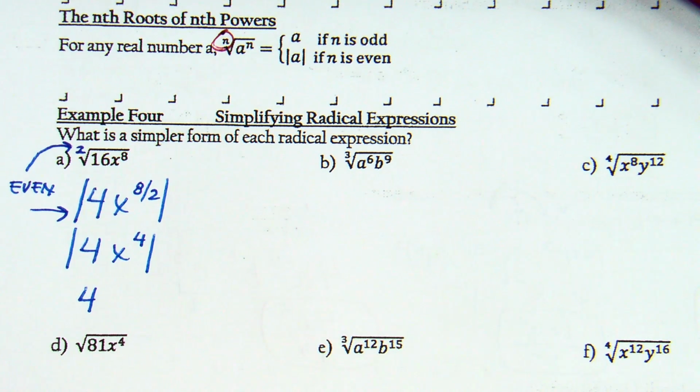Now, x to the fourth. Could x to the fourth be negative? Yes, it can, because we don't know what x is, right? Think with me. If x is positive, what happens when you multiply a positive 4 times? It's still positive, right? But let's play the what-if game with a negative.